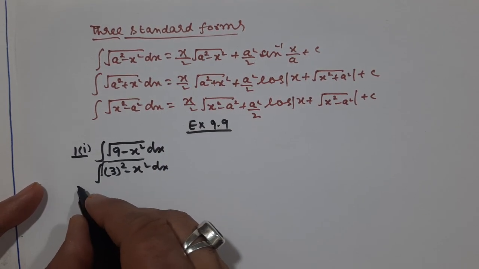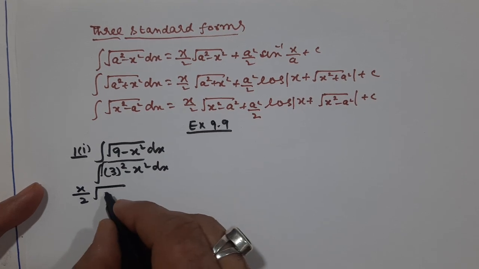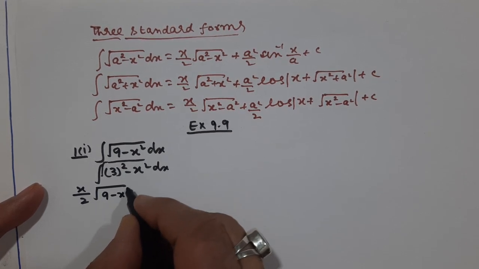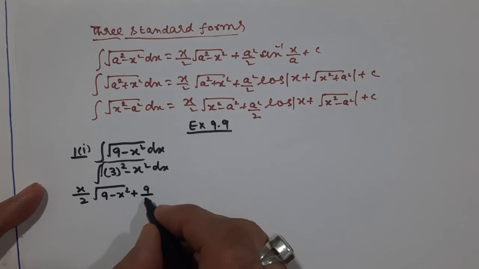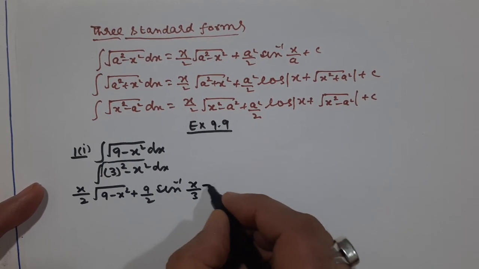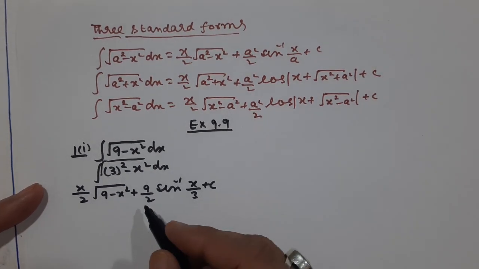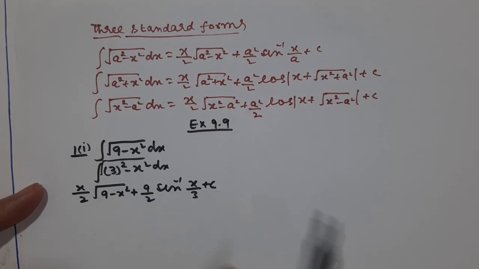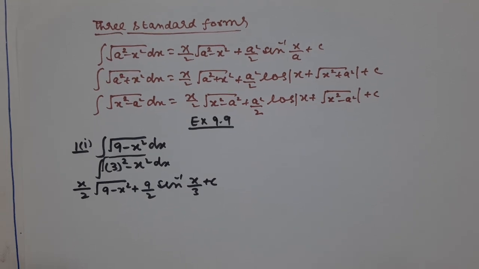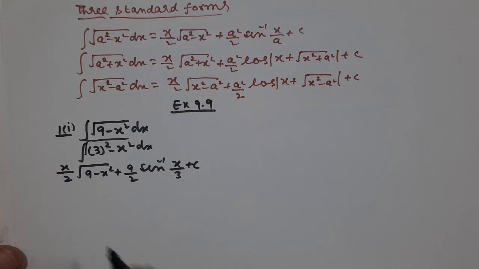This is equal to x upon 2 under root a square minus x square plus a square upon 2 sin inverse x upon 3 plus c. So the answer is x upon 2 under root 9 minus x square plus 9 upon 2 sin inverse x upon 3 plus c.